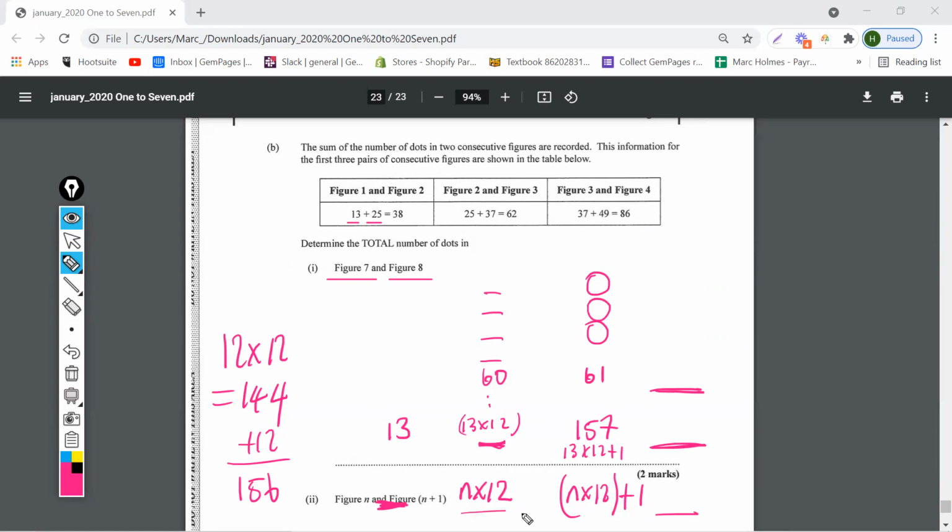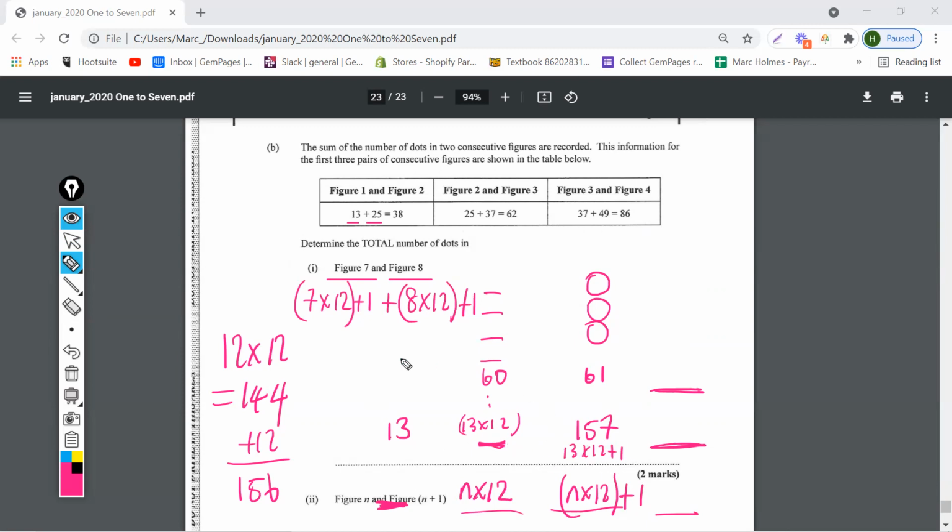So for figure 7, guys, it's definitely 7 times 12 plus 1, plus 8 times 12 plus 1. That's what the last figure is always.